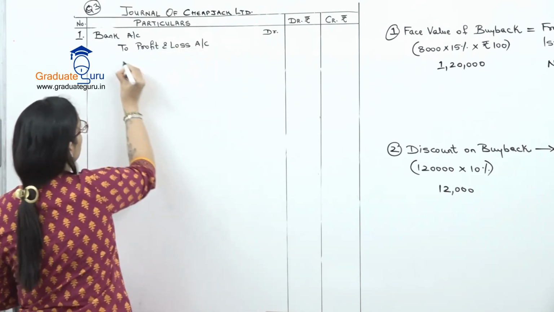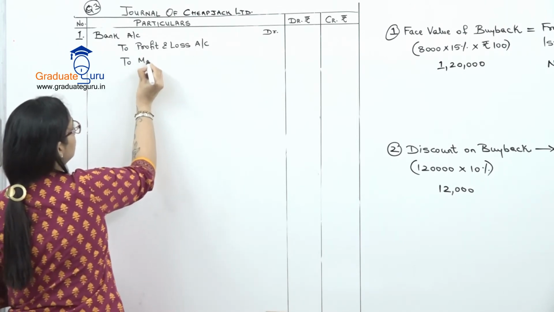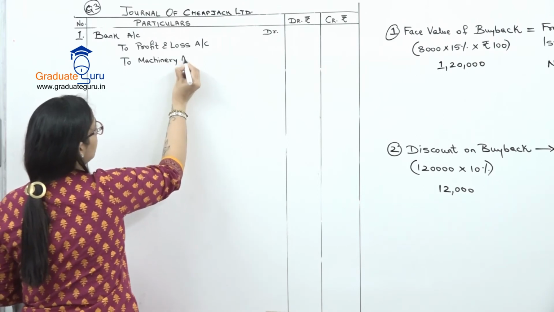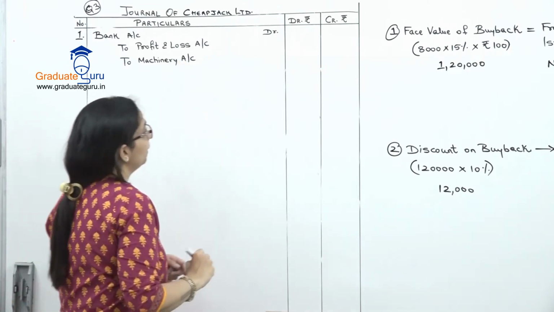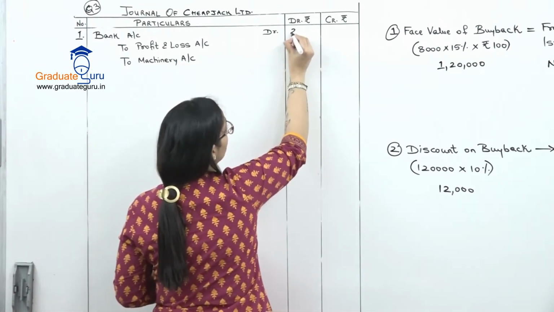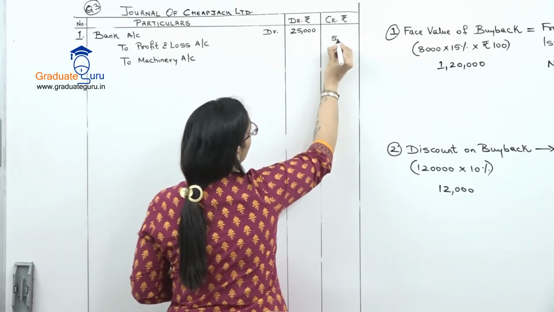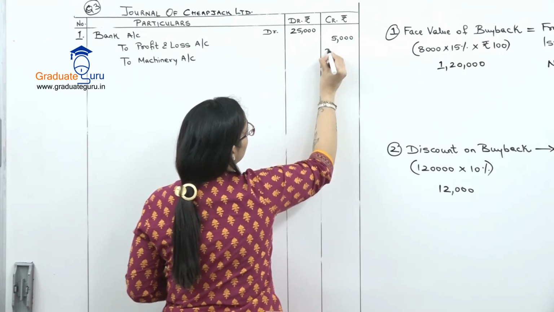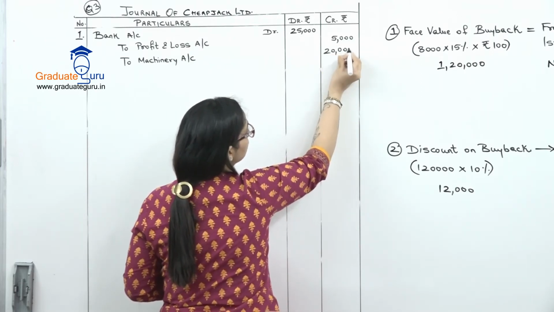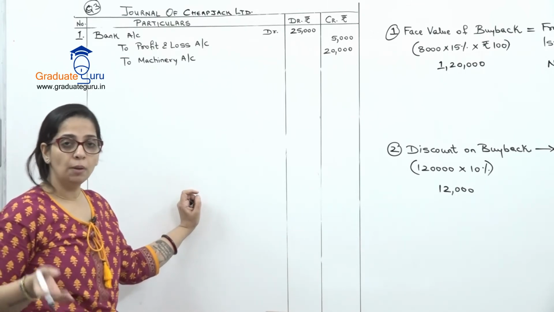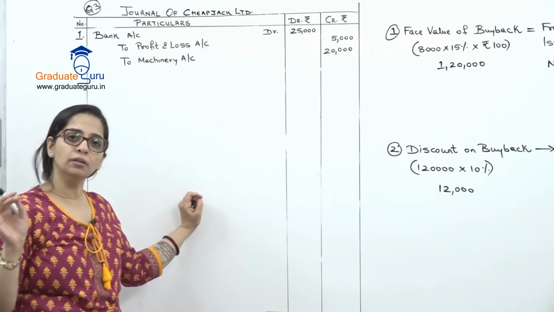And what is going out? Machinery. So, to machinery account. How much have I sold it for? 25,000. Profit is 5,000 and the machinery value is 20,000. If you want to write narration, being machinery sold at a profit.